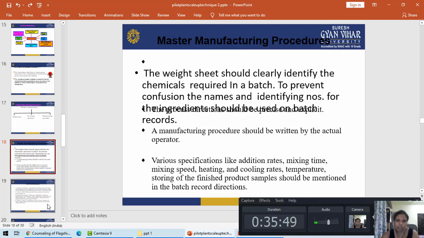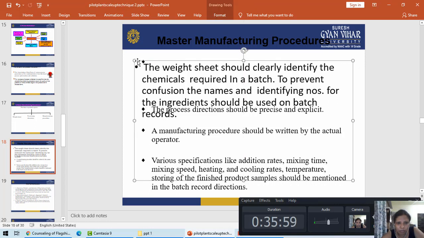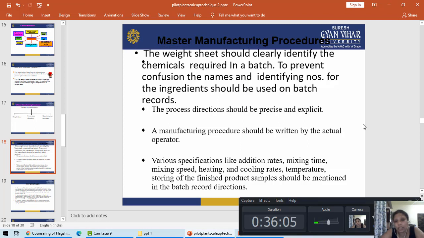Next is the master manufacturing procedure. The weighing sheet should clearly identify the chemical requirements in a batch to prevent confusion. The names and identifying numbers for the ingredients should be used on the batch records.